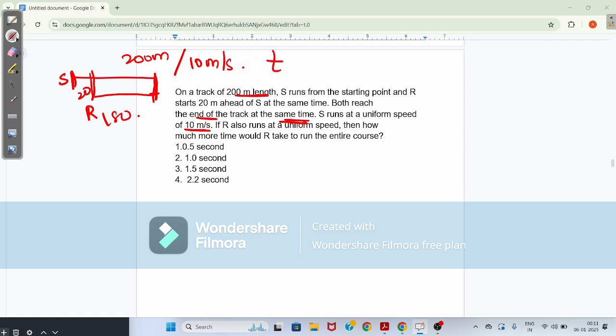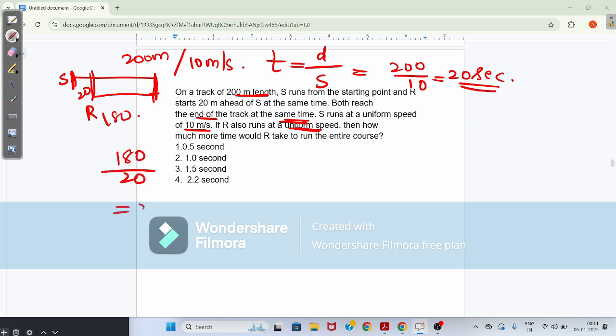So the time taken by S is distance by speed, that equals 200 by 10, that equals 20 seconds. Now if R also runs with a uniform speed, 180 by 20 gives the value 9.